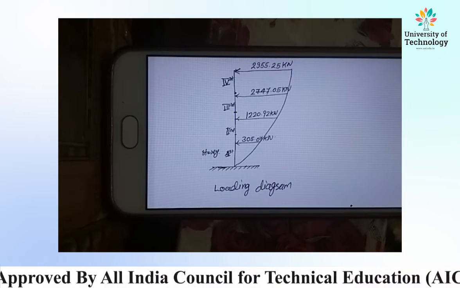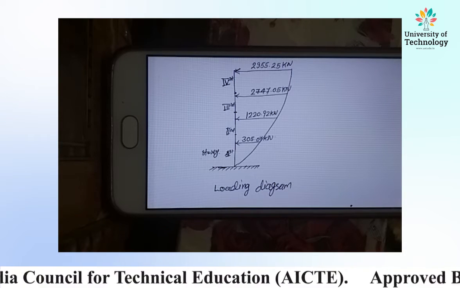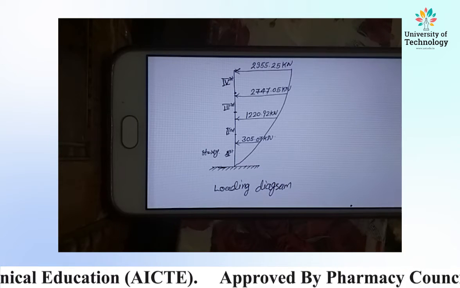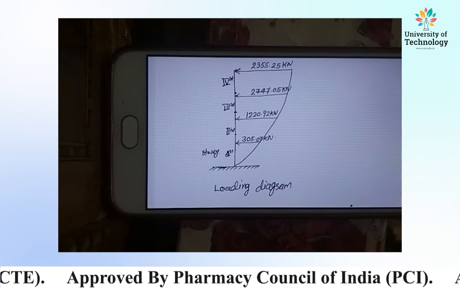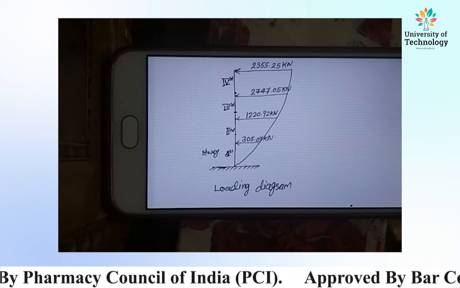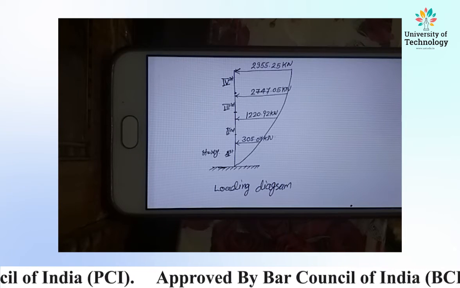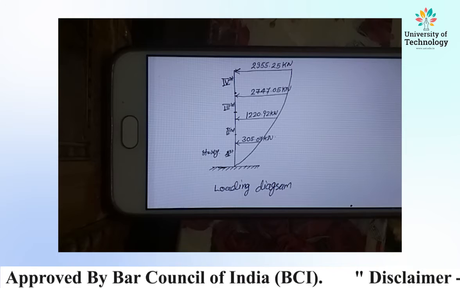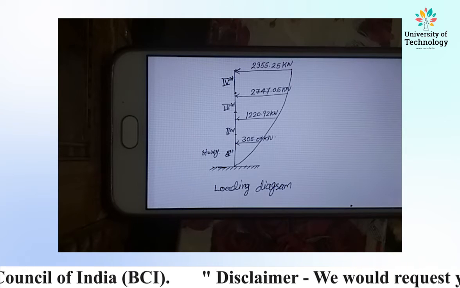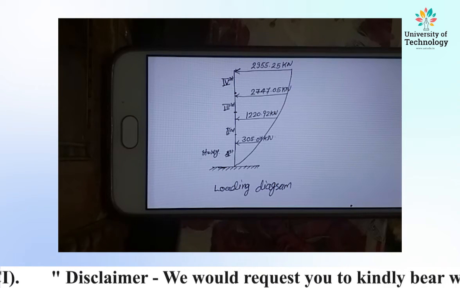So we get this graph in the form of a parabola, a parabola opening in y direction, a half parabola.